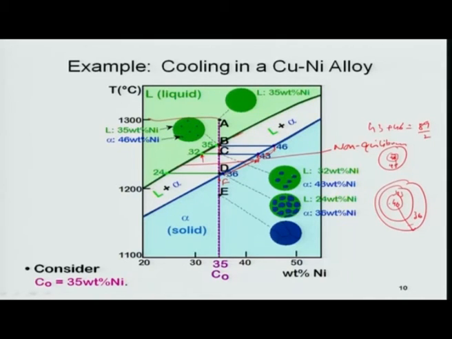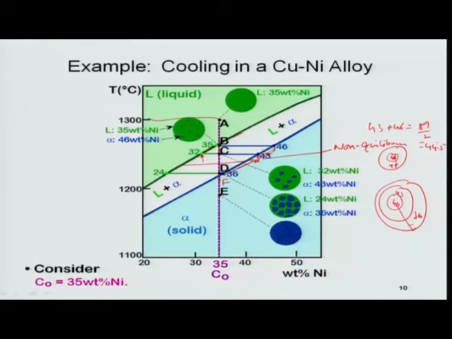The average composition of the solid at point C has to be calculated using the mass of the solid which forms at point B and point C. But for the sake of understanding, let us assume that the thickness of the layers is similar at point B and point C. Therefore the average composition will be the average of 46 and 43, which is 44.5%, and that 44.5% point will fall somewhere there.